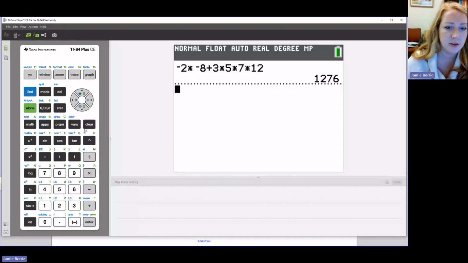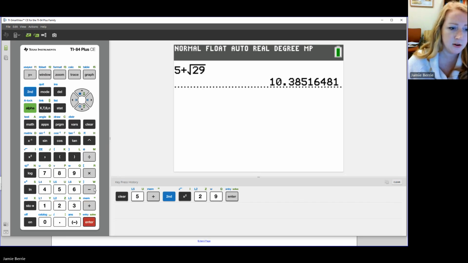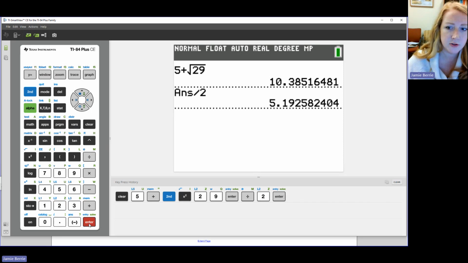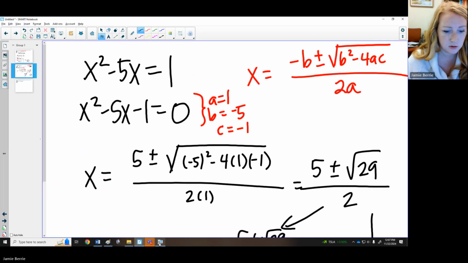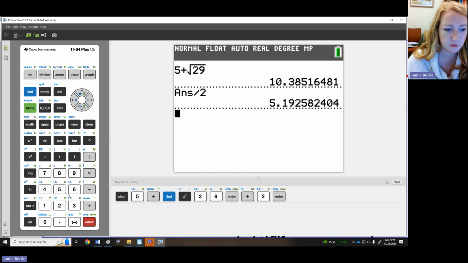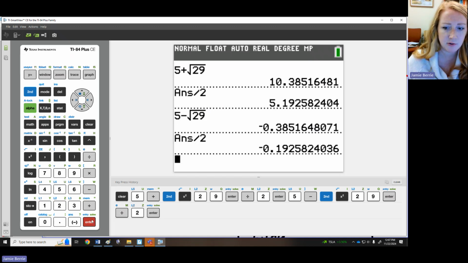Okay, clear that out. 5 plus the square root of 29 over 2. There's my first one, 5.19. And then let's do 5 minus the square root of 29 divided by 2, negative 0.19.